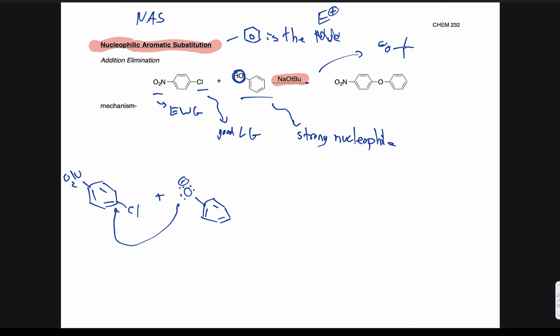The chlorine is also electrophilic, but it's also a good leaving group, so that's why we're having our phenol attack here. And we're going to generate, instead of a carbocation intermediate, this carbanion intermediate instead.